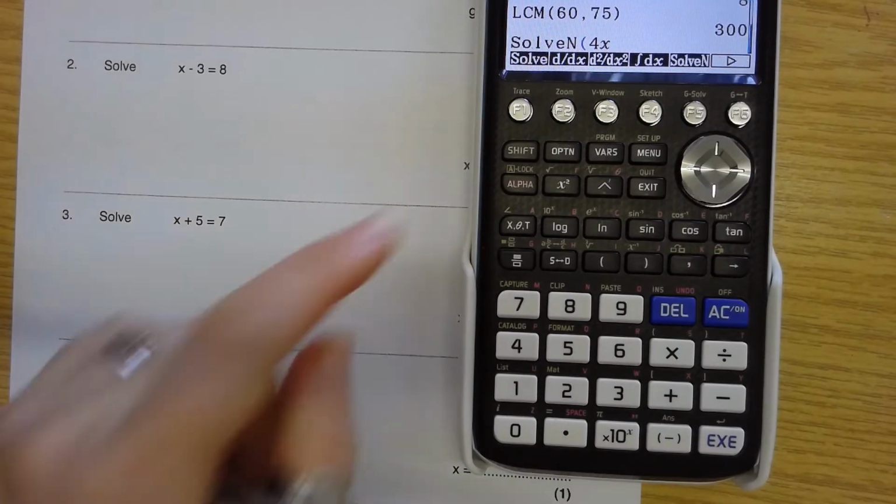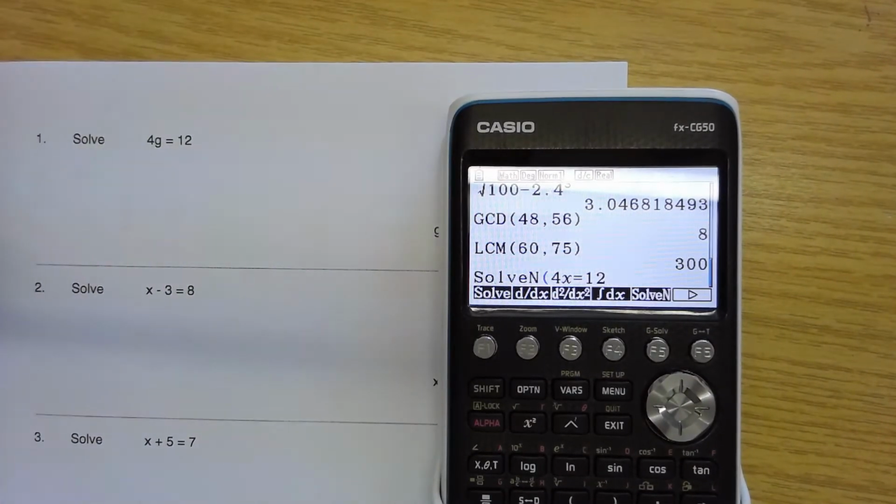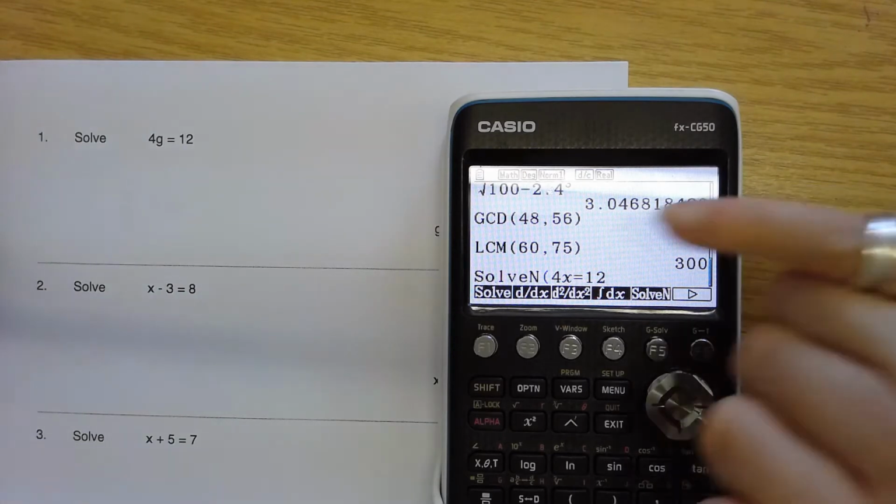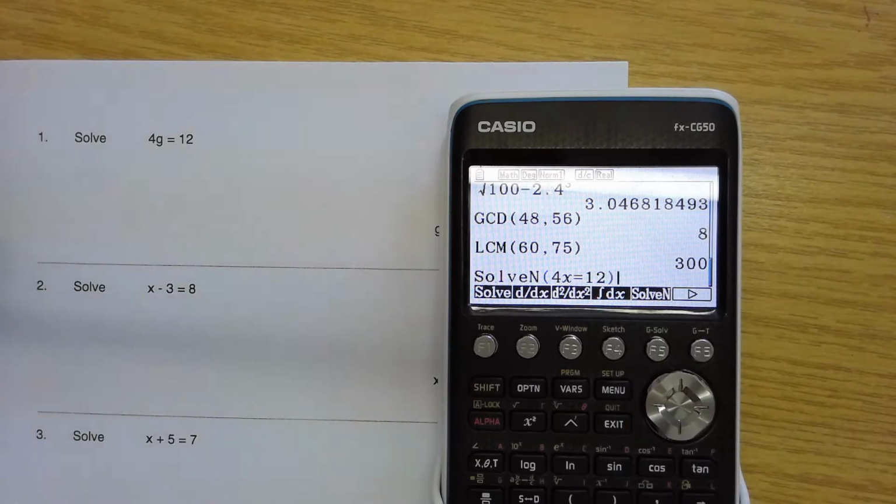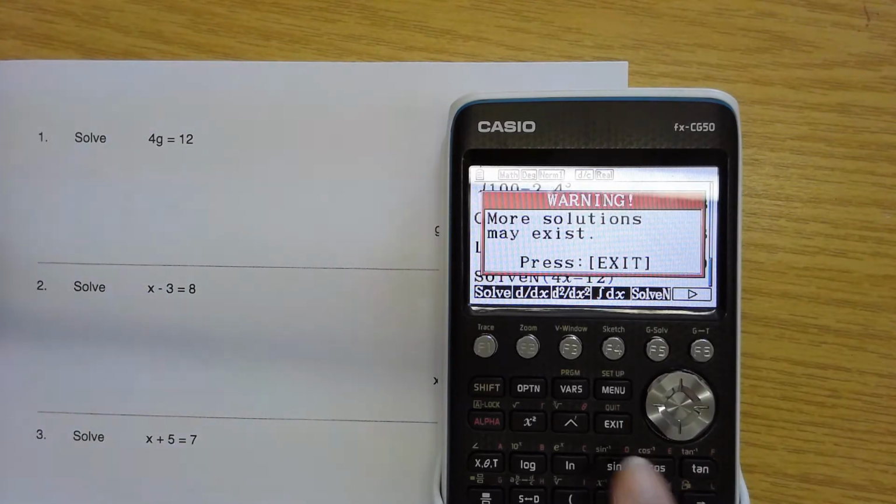And then the equals button is down here. Because it's yellow, it's shift equals, and then it's 4x equals 12. Because I've given it a command, just like previously, I close that bracket, and once I've done it, execute is the button I press. Now here, the more solutions may exist, that is really looking more at where you might be having complex numbers as answers to things, or where there might be an infinite number of solutions, like with sine, cosine and tangent.